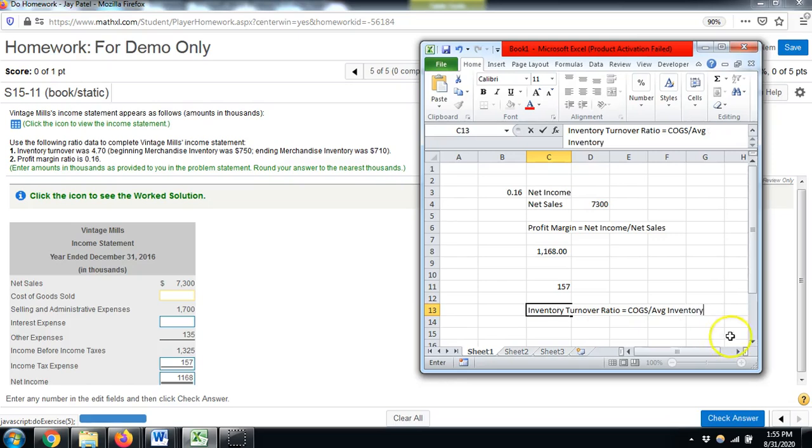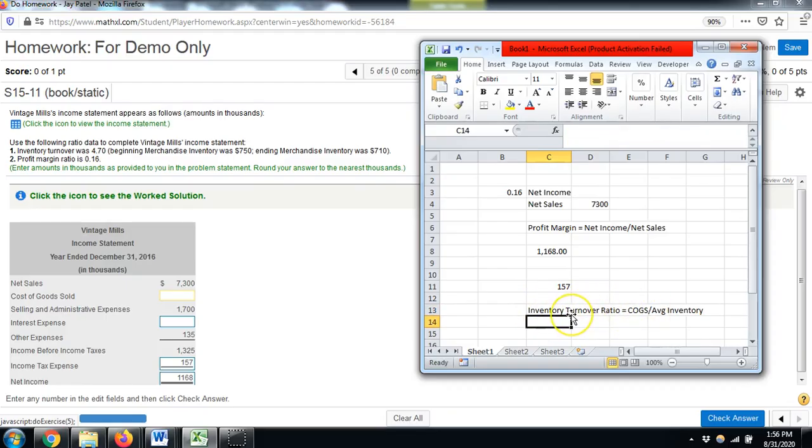So in this equation, we know two of these three things. We know average inventory and we know inventory turnover ratio. So we can use it to calculate our cost of goods sold. Again, by multiplying both sides of this equation by average inventory, it cancels out with this denominator here. So we get cost of goods sold on its own is equal to inventory turnover ratio times average inventory.